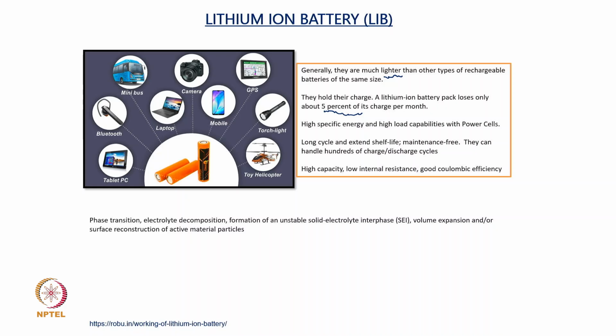Okay. So, therefore, you can use lithium ion battery for quite some time, and it has high specific energy and high load capabilities within the cells which are used for lithium ion battery. An important thing is that it has long cycle life and extended shelf life.